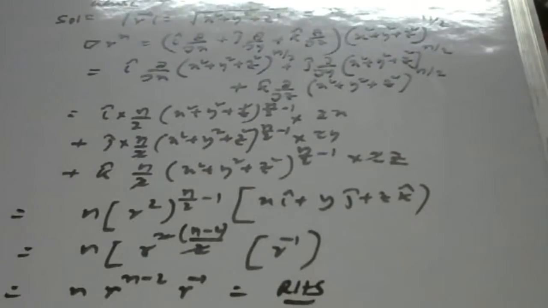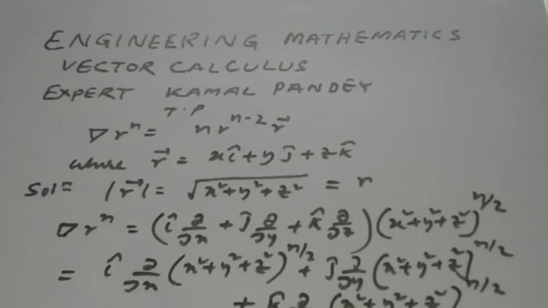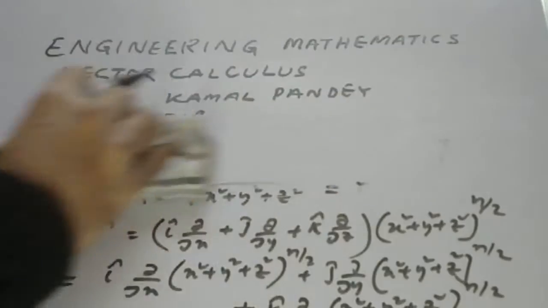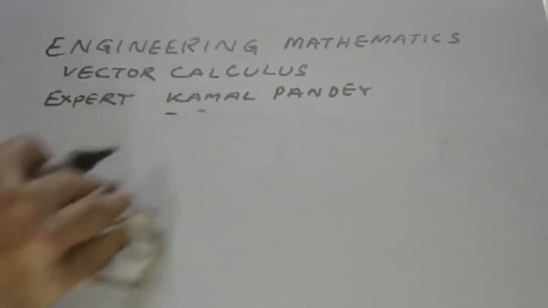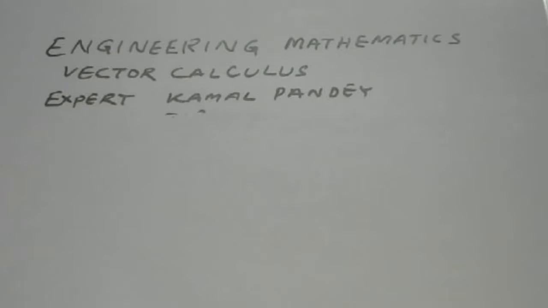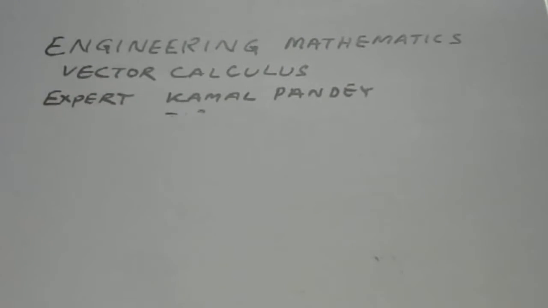We go for the next question in vector calculus. The question is: find the angle between two vectors. To calculate the angle, first we have to calculate the gradient.